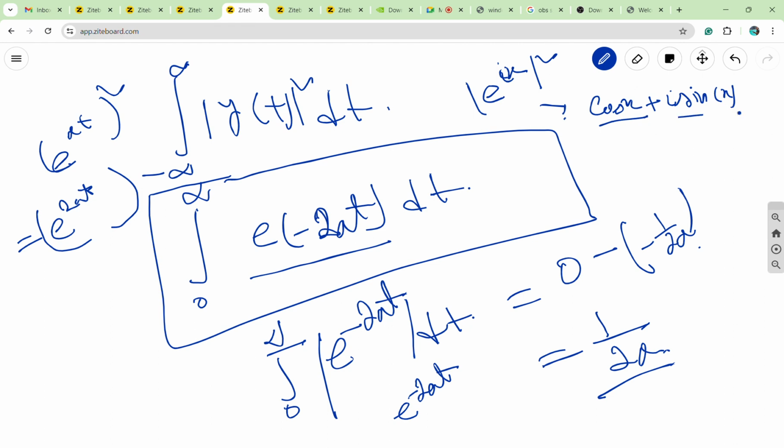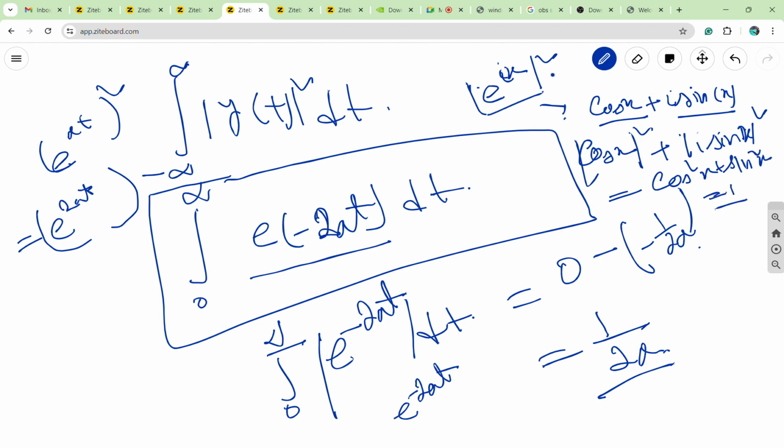If you take the mod square, it becomes cos square x plus sin square x, which is equal to 1. That's why it is equal to 1, right?